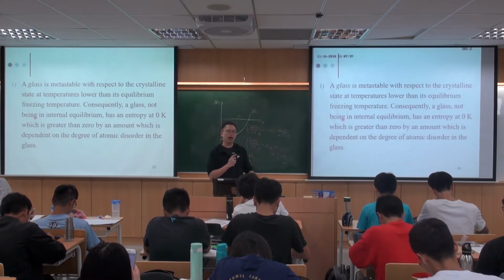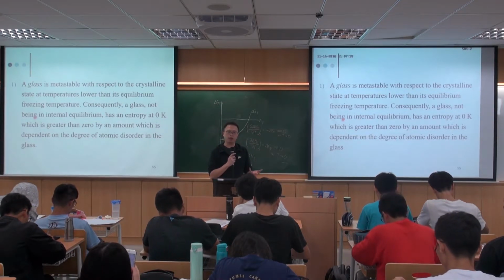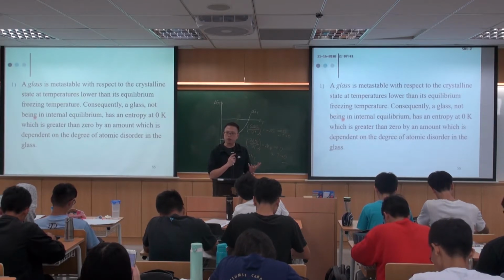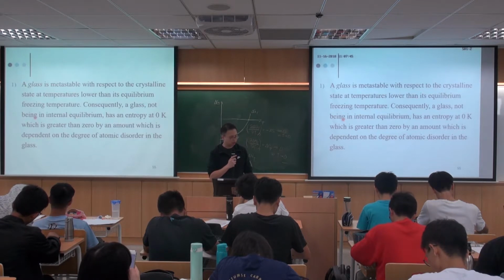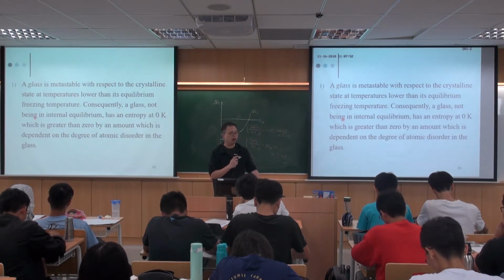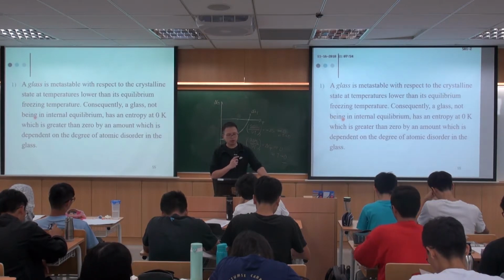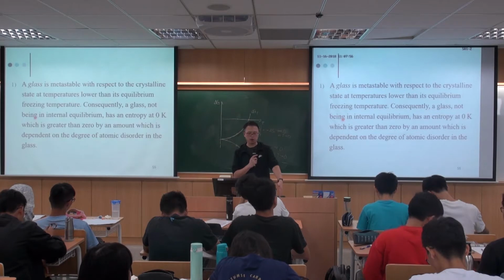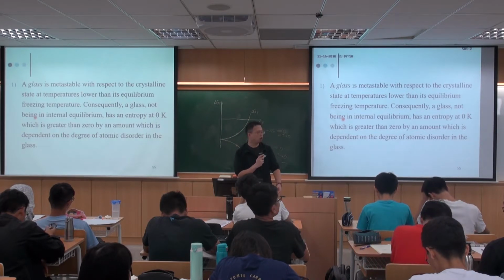So we know that for glass, you can think of it as a very slowly moving liquid, right? I think during the introductory material science course, if you learn about glass, you know that it's actually more like a liquid, but the movement of those molecules is very, very slow.